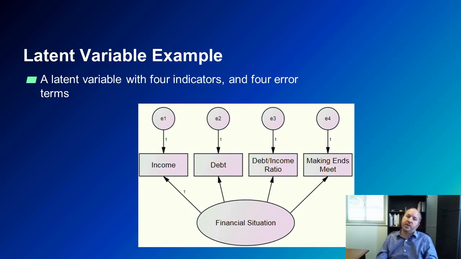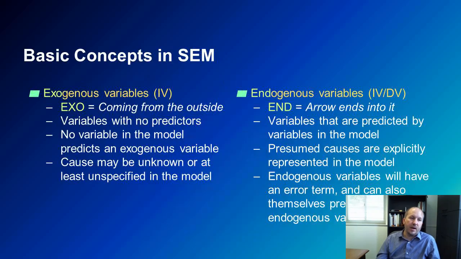We'll go into CFAs in a few weeks when we get into a little bit more detail about confirmatory factor analysis and SEM. Some other basic concepts: we don't really use the terms independent and dependent variable, mainly because we have variables that are both independent and dependent variables in the model, so it doesn't make sense to use that language anymore.